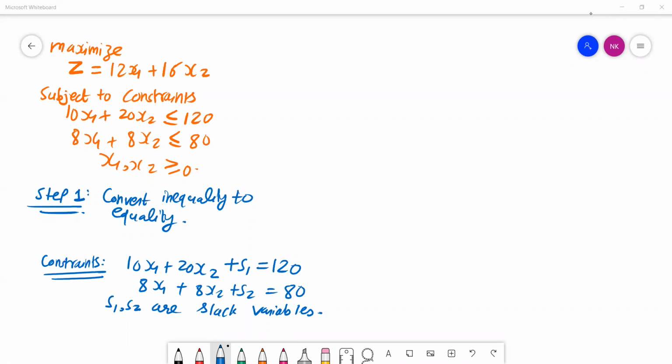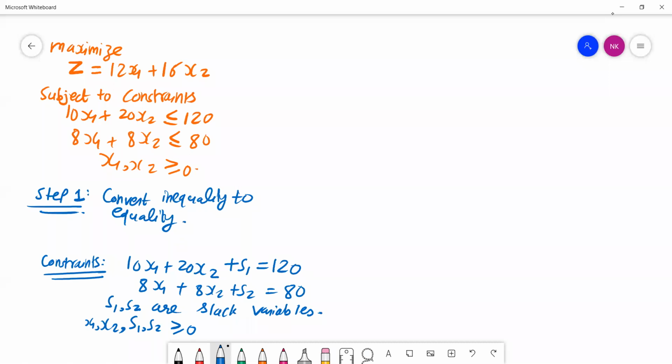Yet and Isha both have given the correct answer: greater or equal to 0. Correct. Krishna also said greater or equal to 0. Fine. So I will be writing S1, S2 greater or equal to 0. Along with this, I will mention X1 and X2 also because they are also non-negative.